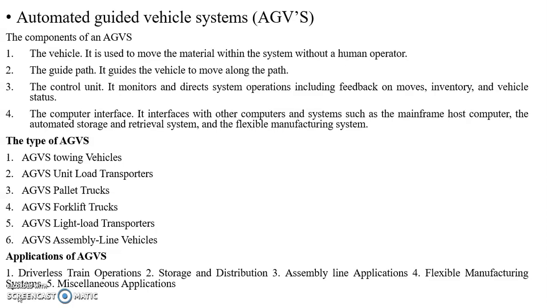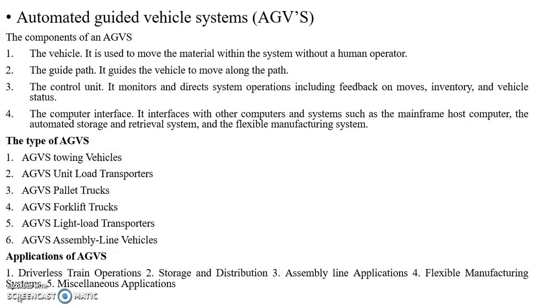And the third application is assembly line applications. In these assembly line applications, the unit load carriers and light load guided vehicles are used. In the usual applications, the production rate is relatively low and several different product models may be on the line.